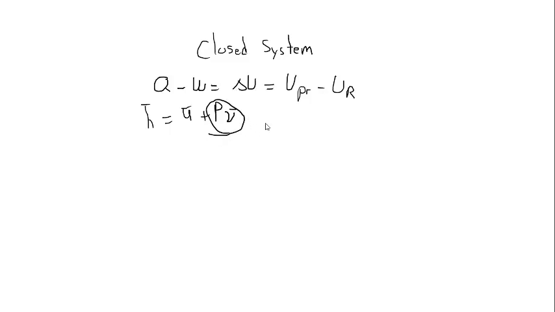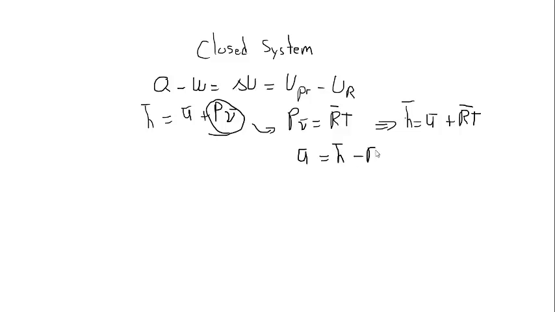For an ideal gas, I can define P nu as R T. So that means that I can take my enthalpy and set it equal to internal energy plus R bar T. So I get internal energy equals H minus R bar T. And this H is the enthalpy of formation plus the sensible enthalpy minus the reference state.